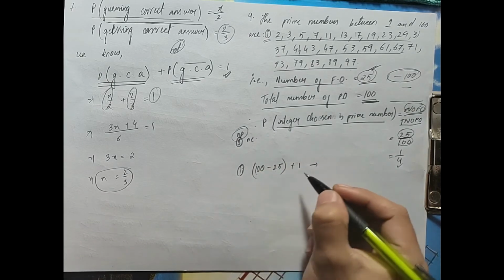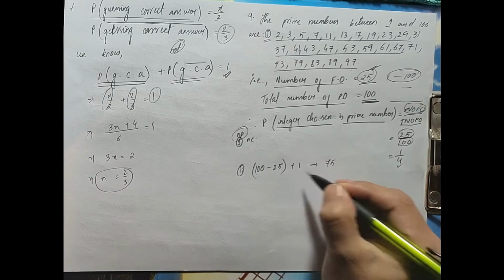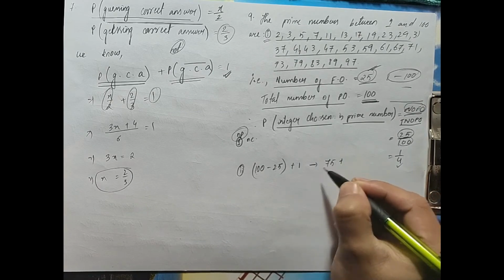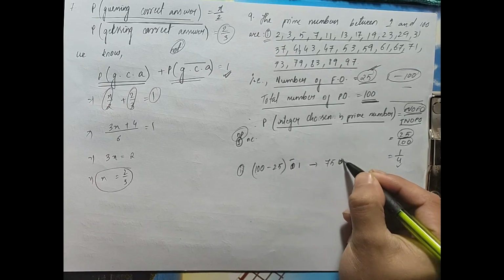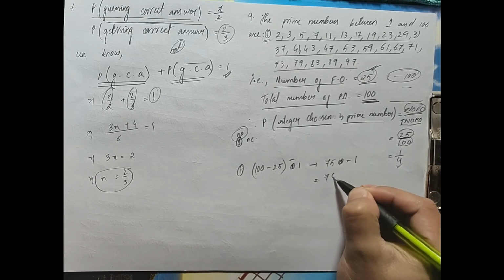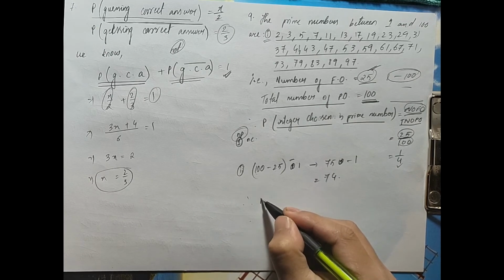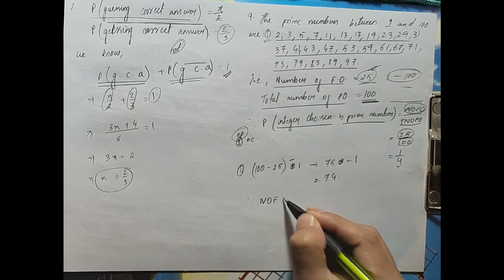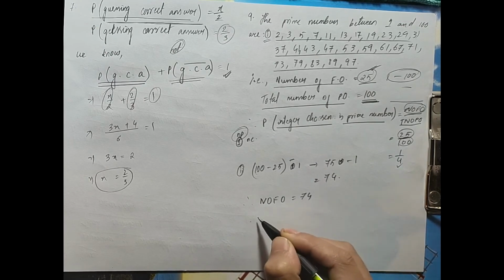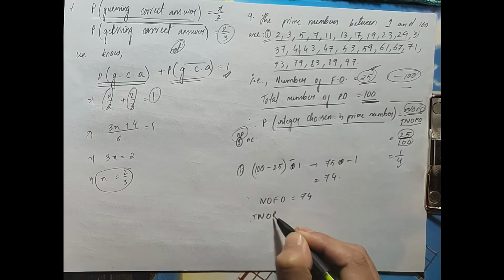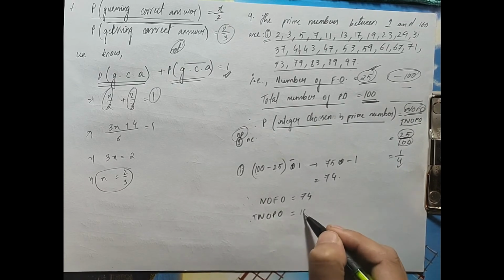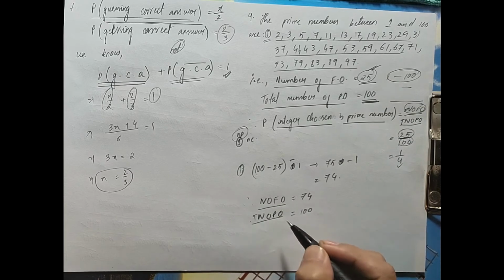So 100 minus 25 is 75, and minus 1 will be 74. Therefore number of favorable outcome is equal to 74, and total number of possible outcome is equal to 100. Please remember, again you'll have to write full.